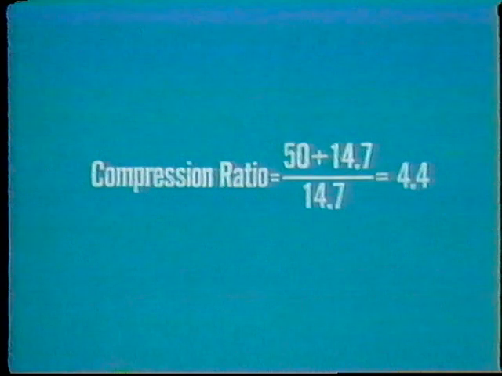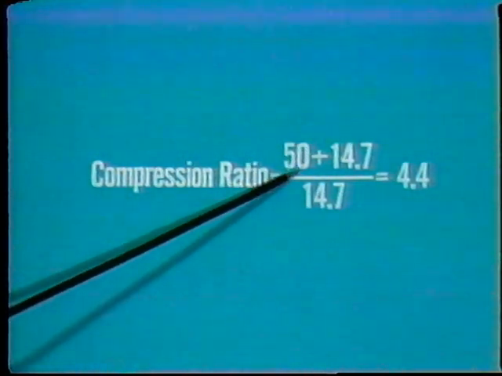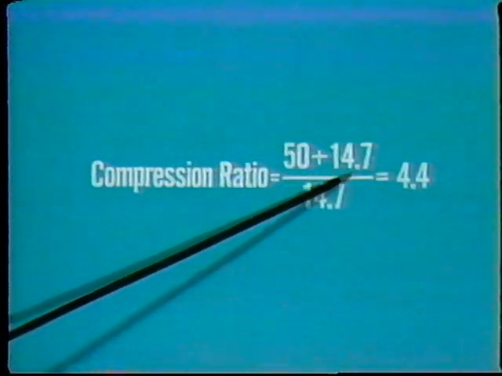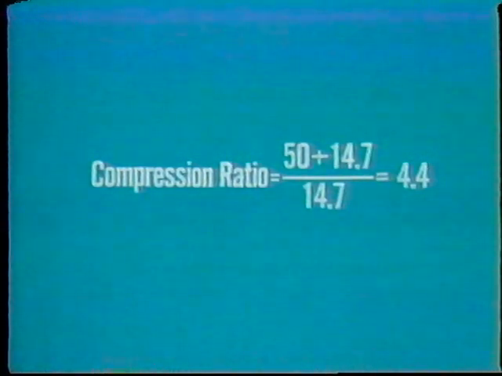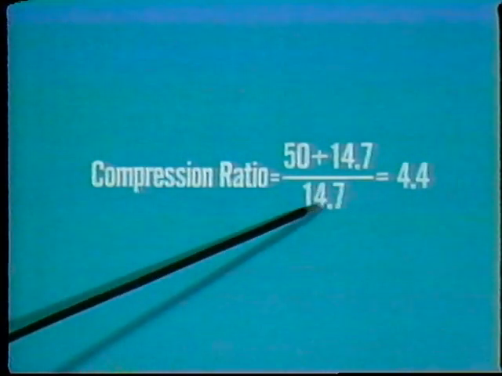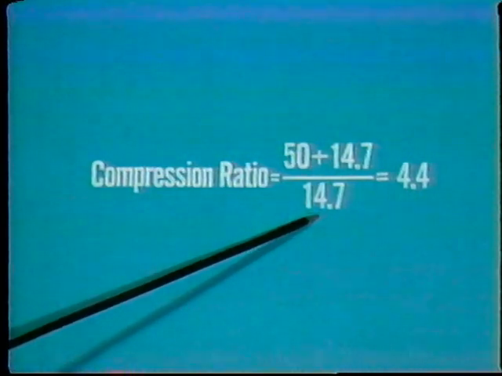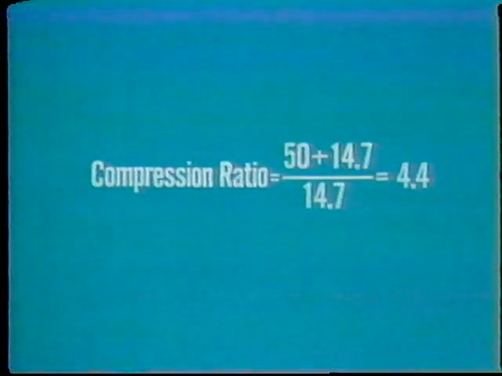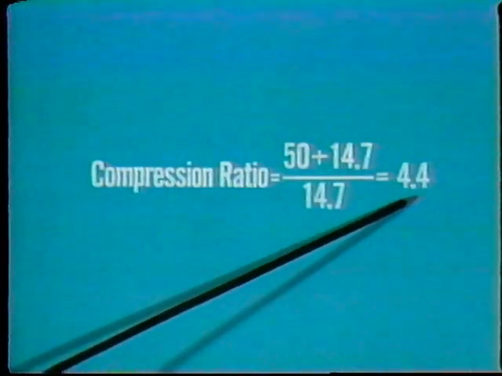In this case, 50 psi plus 14.7 equals 64.7 psia inside the cylinder, divided by absolute pressure outside the cylinder, which at the plant site at sea level is 14.7 psia. And as you can see, the compression ratio turns out to be 4.4.